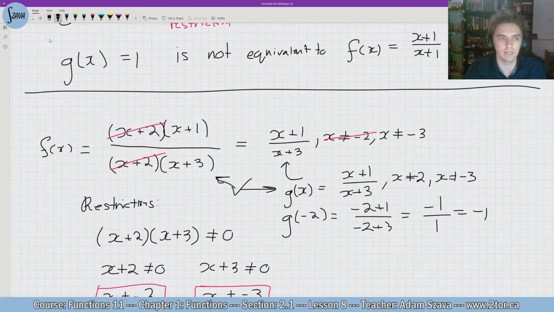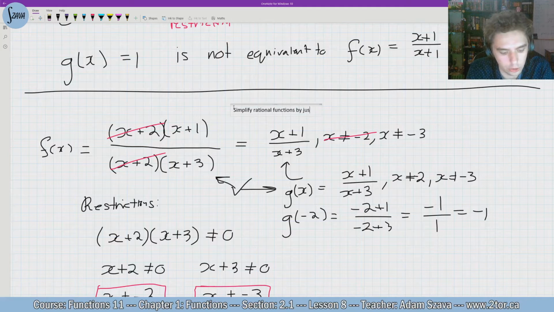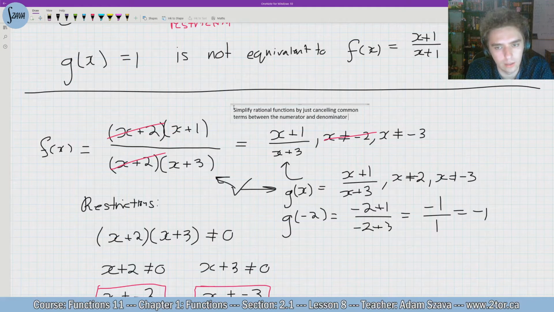So that's the main takeaway from what I've been talking about here. Simplifying rational functions by just canceling common terms between the numerator and denominator is not enough to get an equivalent function.